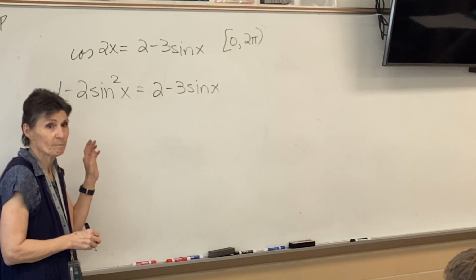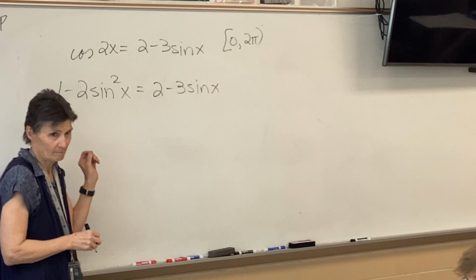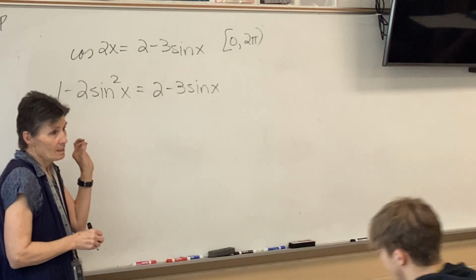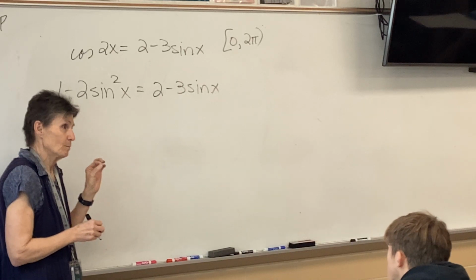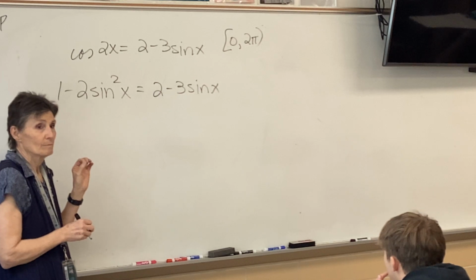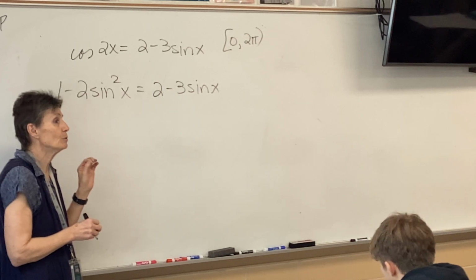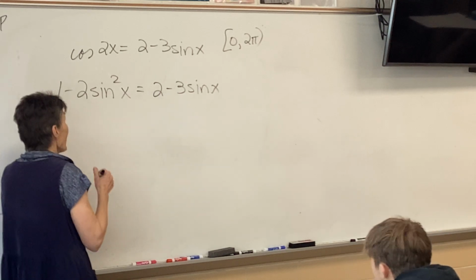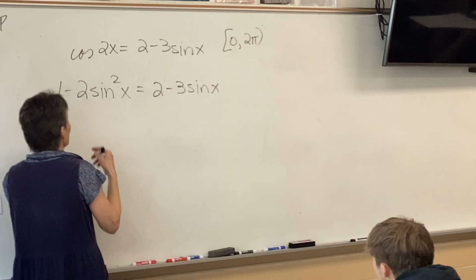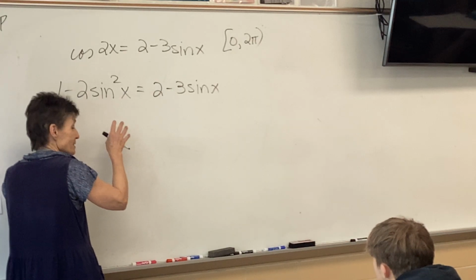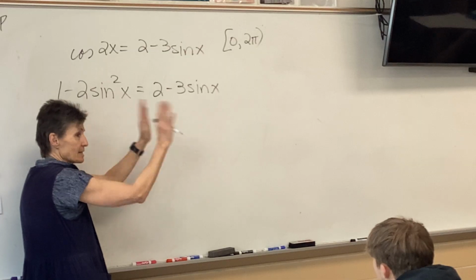Okay, Charlie, you with me? You sure? Yeah. All right. Now what do I want to do? Get everything else. Get it set equal to 0. And I have an issue with my square being positive, so I'm gonna move everything over to that side.